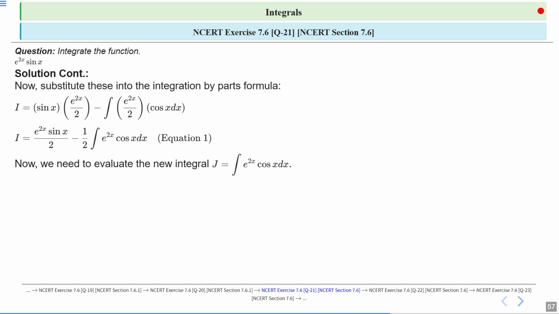Now we have to evaluate the new integral e^2x cos x. We take it as J is equal to integration of e^2x cos x. Again apply the integration by parts formula. And remember, we take integration of e^2x sin x as I, the original integral.